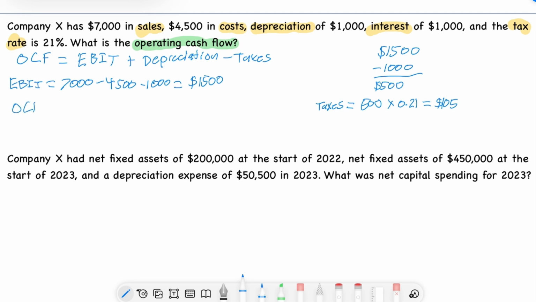So we've got operating cash flow is going to equal $1,500 in earnings before interest and taxes. We're going to add our depreciation of $1,000, and we're going to subtract $105 in taxes. When we total all that up, we should get an operating cash flow of $2,395.